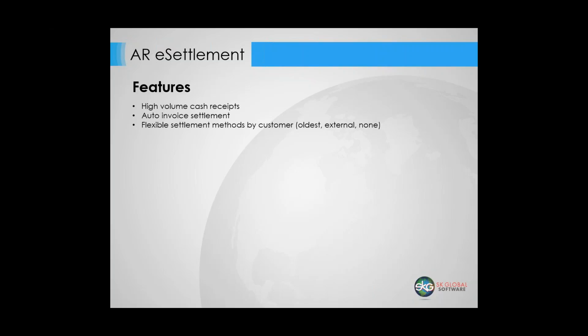Another option, if you have very particular customers that don't want to have an application done in an automated fashion, is what's called the none settlement method, meaning the user would cherry pick and decide which invoices to settle the payment against. And then the external method allows us to bring in a file that's different from the payment file.